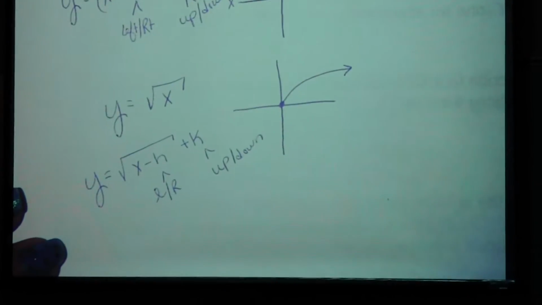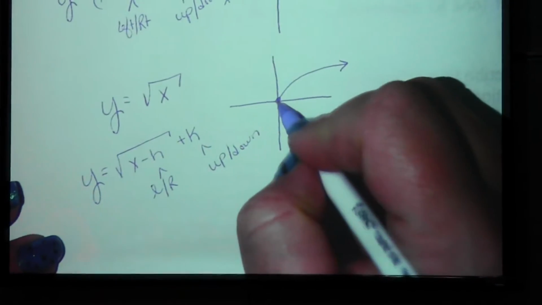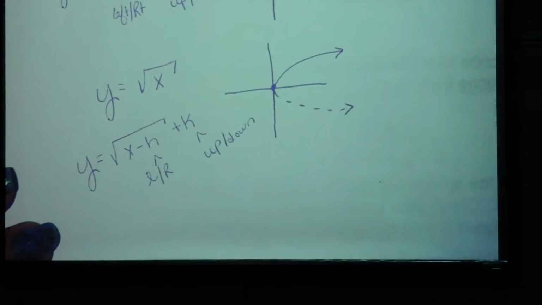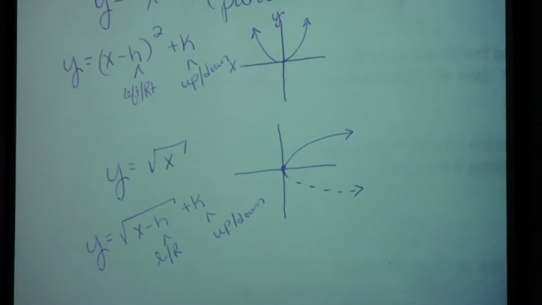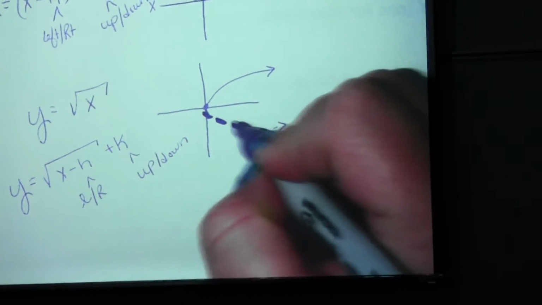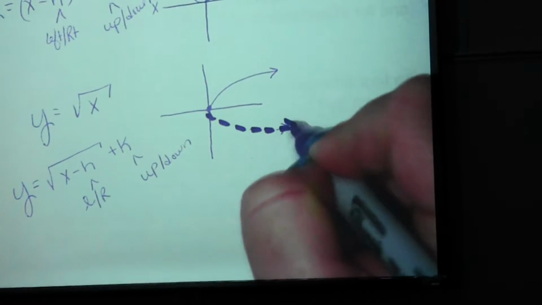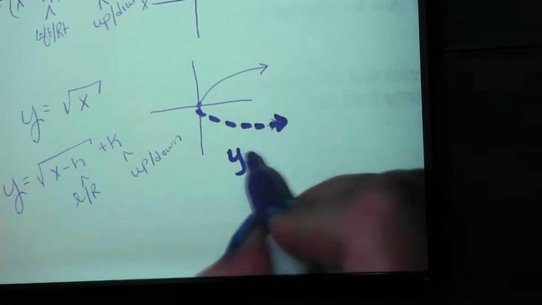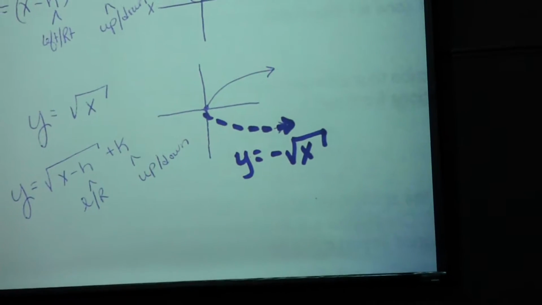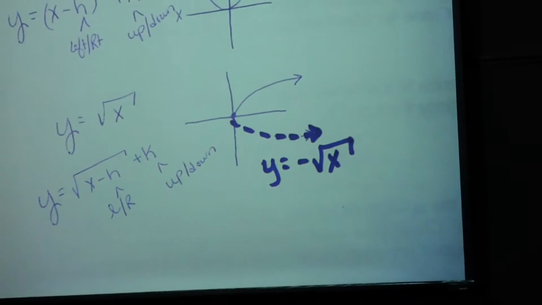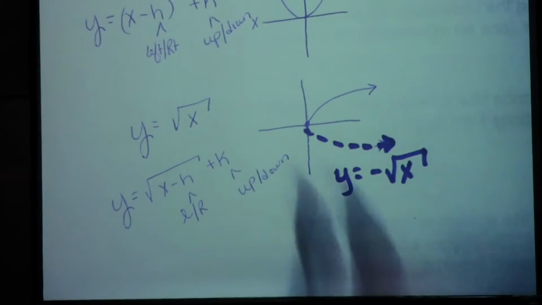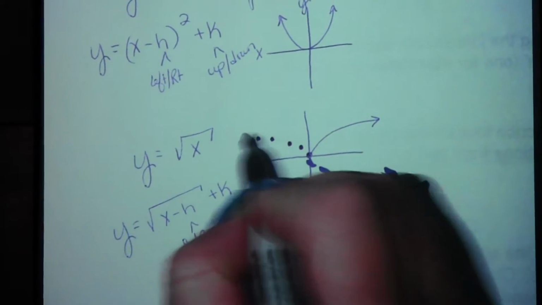And there were no other changes to that. And then we said, well, what if we wanted to flip it over and make it go down here instead? If we wanted it to go down there instead, what did we have to put in front of our square root sign? A negative, right. So this would have been y equals negative the square root of x. Or we could flip it over our y-axis.